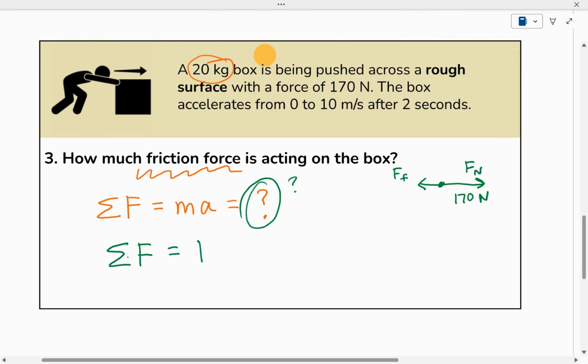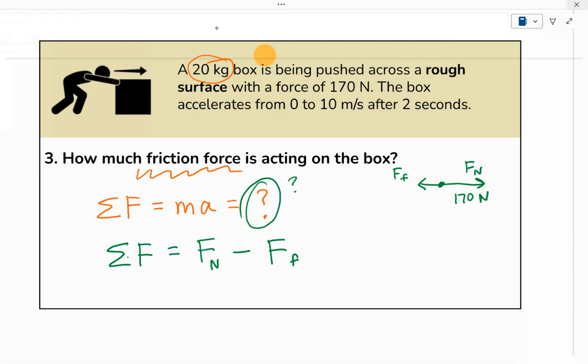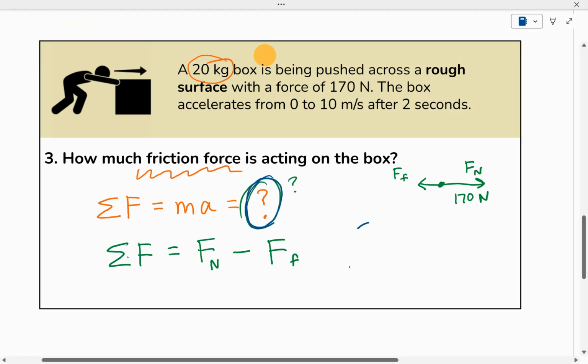The net force is that normal force minus the friction force. So in order to completely solve this problem, find out what the net force is using mass times acceleration. And that's what you're going to subtract from the normal force.